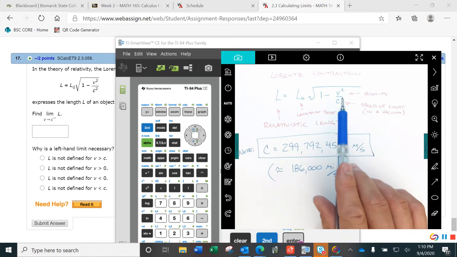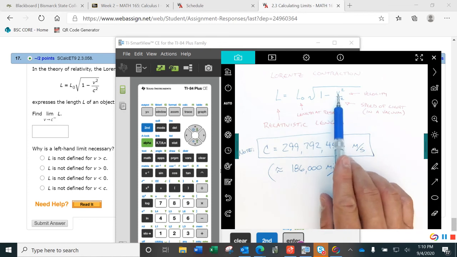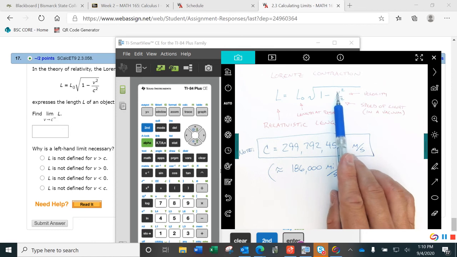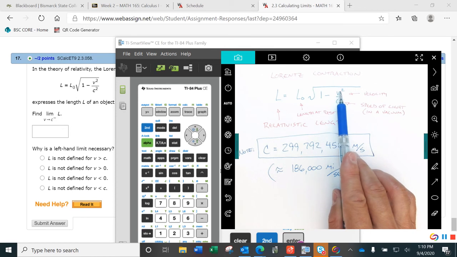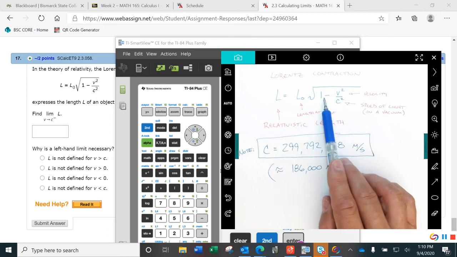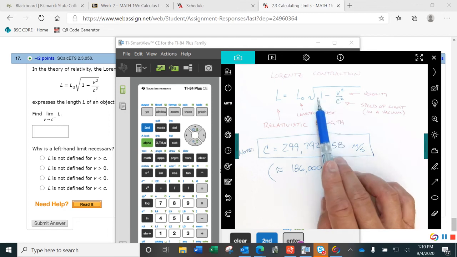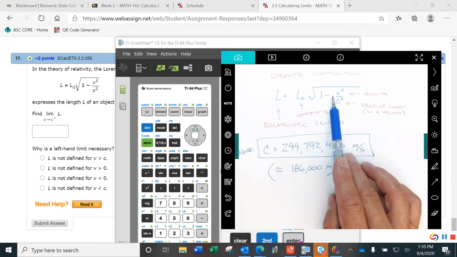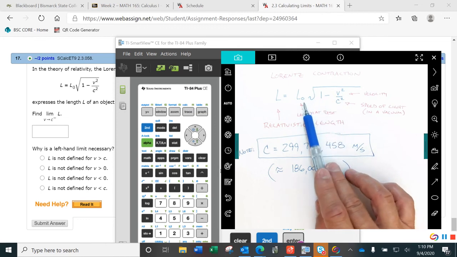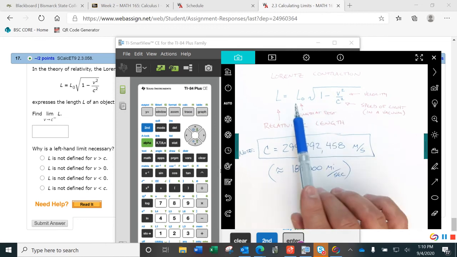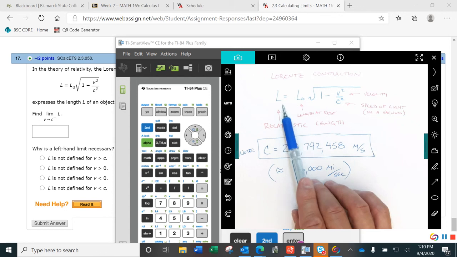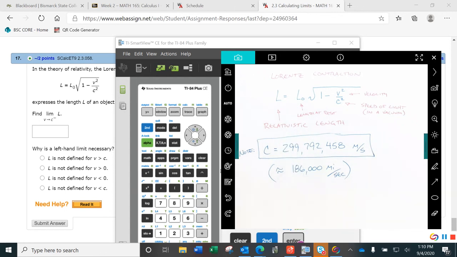As v is getting closer to c, notice how this becomes a c. v is approaching c. And if it were able to equal c, you'd have c squared divided by c squared, which would be 1. 1 minus 1 is 0. The square root of 0 is 0. 0 times the length at rest would tell us if that craft were to go the speed of light, it would shrink to the length of 0.